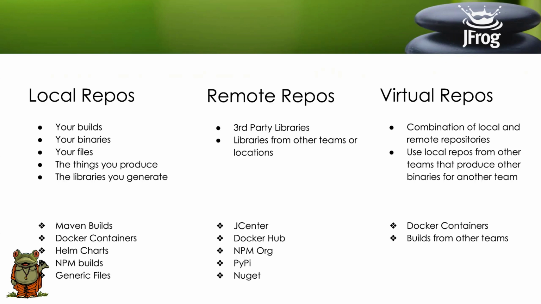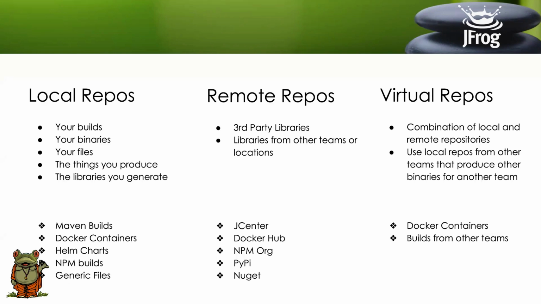Those are your third-party libraries. So those are your node modules, your Java jar files that you depend on, Python packages, NuGet, whatever. And if you set up your repository structures correctly, those libraries can be shared amongst your team.